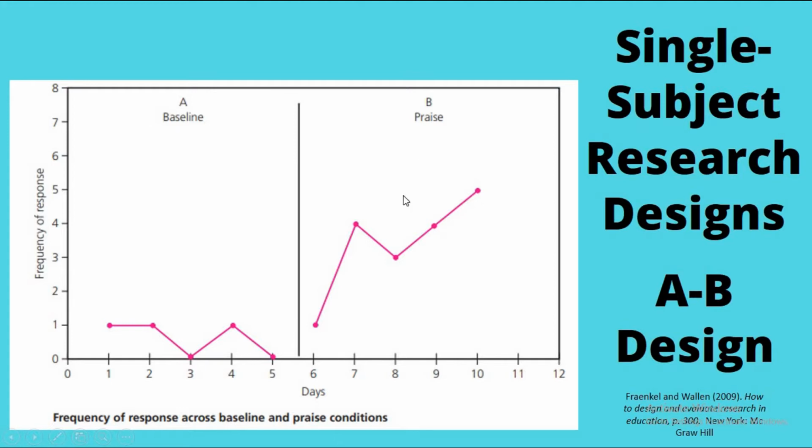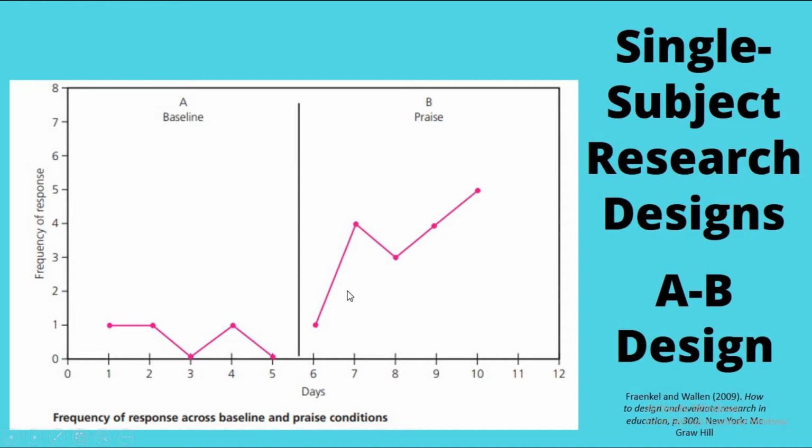When the intervention was given, in this example, praising students, we look at the frequency of responses, and in this case there are several observations also that are made, until such time that you are able to find a particular pattern.